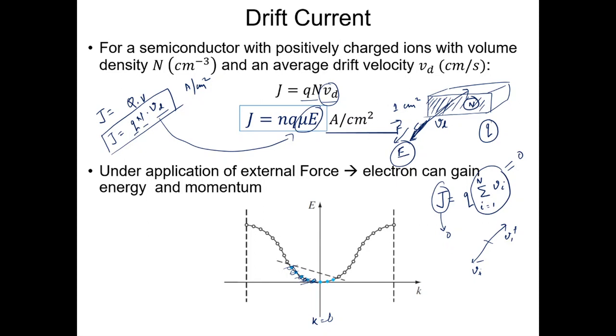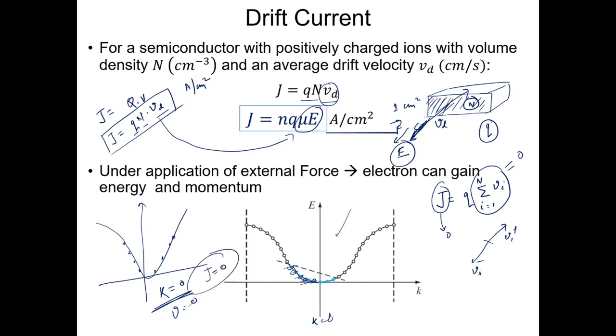Now if this was just the random thermal motion, then you can imagine that this will look like this, where you have an equal number of electrons for the negative momentum and the same number of electrons for the positive momentum. So the net momentum becomes 0, and as the net momentum becomes 0, the net velocity becomes 0 and the net current therefore becomes 0.